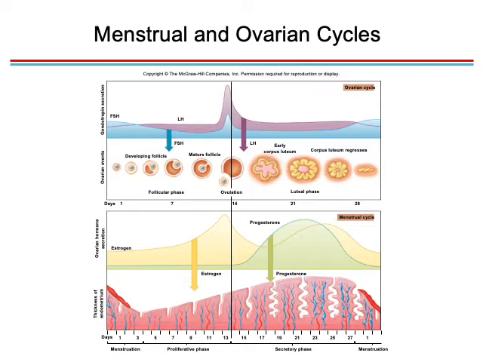The third level are the steroid hormones involved, the sex hormone estrogen and the pregnancy hormone progesterone. And the bottom one is showing you what's happening with the growth of the endometrium within the uterus. Again, I'll go through the menstrual cycle, the whole shebang.